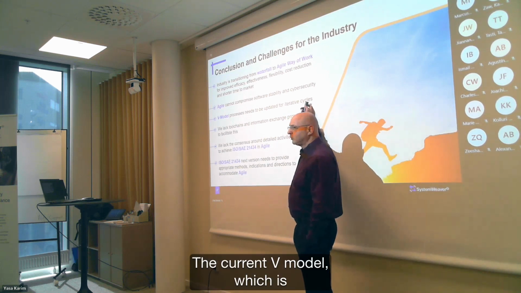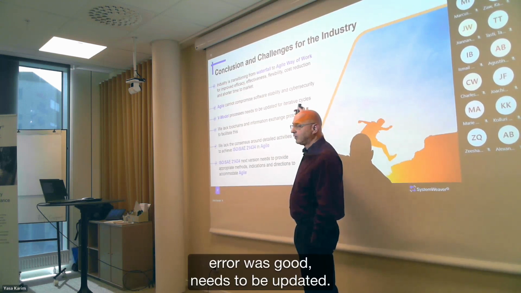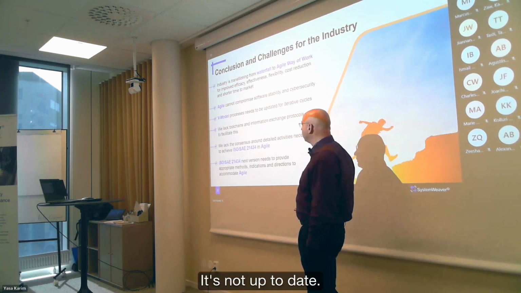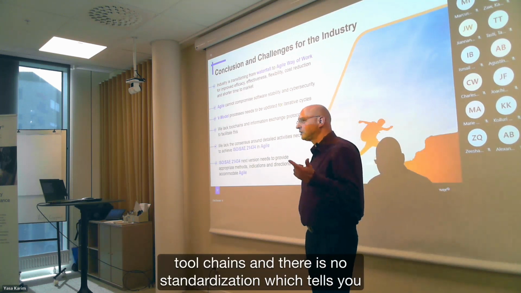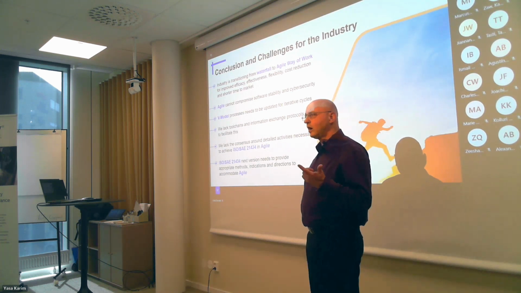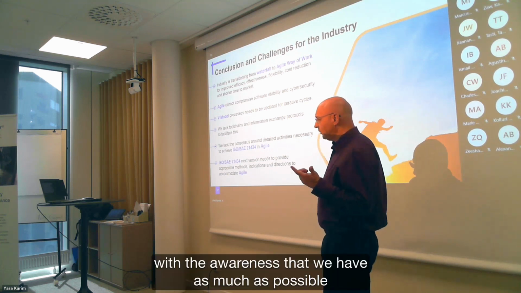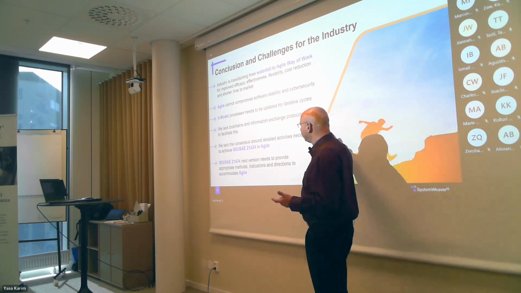The current V model, which is a derivative of the functional safety era, was good, but needs to be updated. It's not up to date. Currently, there are no tool chains and no standardization which tells you how and what to do. So for now we need to work with the awareness that we have, as much as possible.